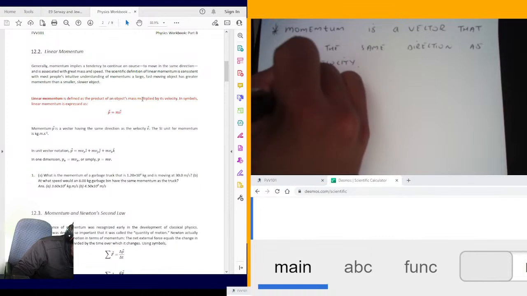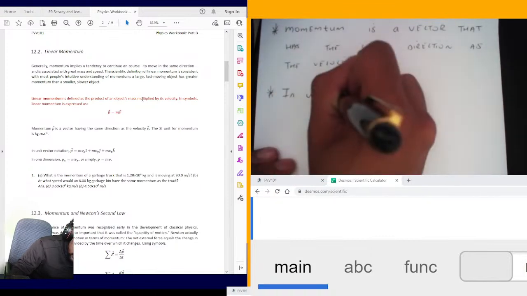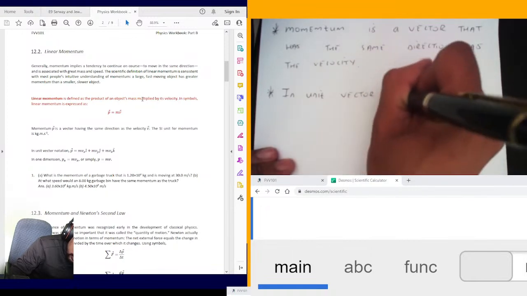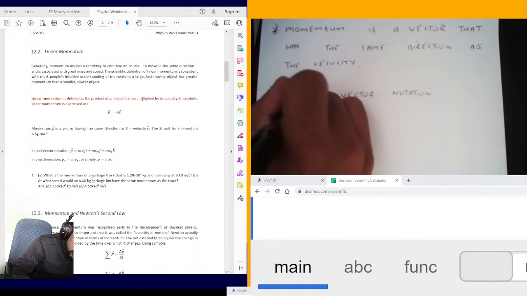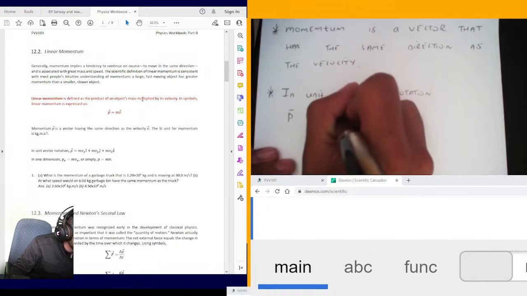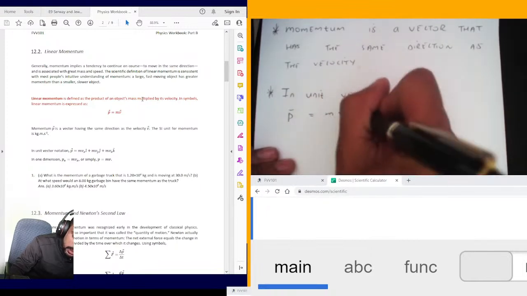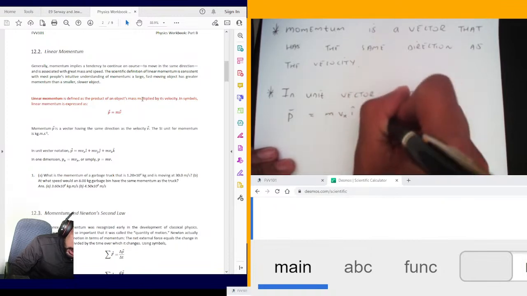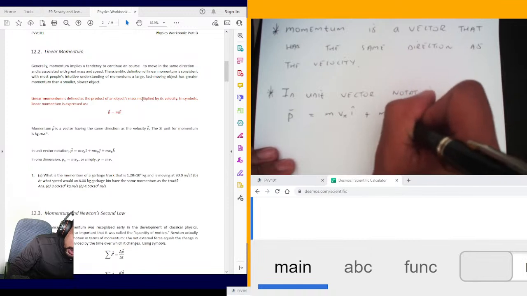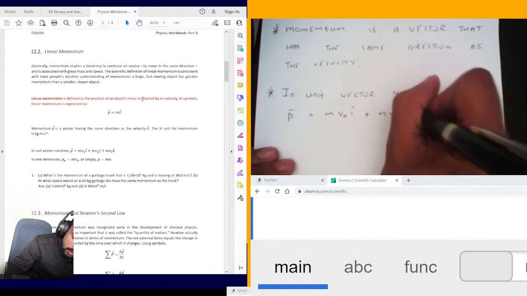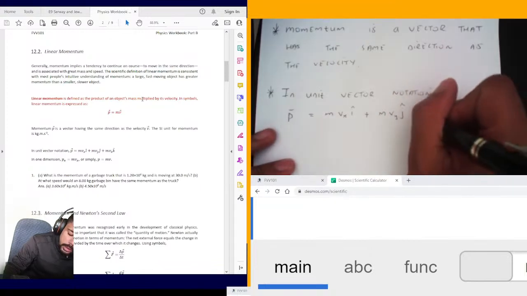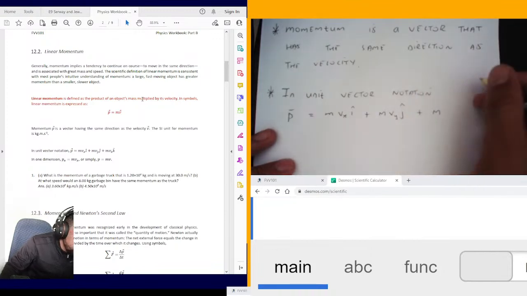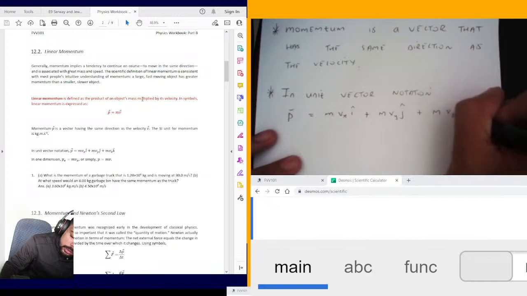In unit vector notation, this is how you write momentum: p is equal to m vx in the i hat direction, plus m vy, the velocity in the y, j hat direction, plus m vz, the velocity in the z, k hat direction.